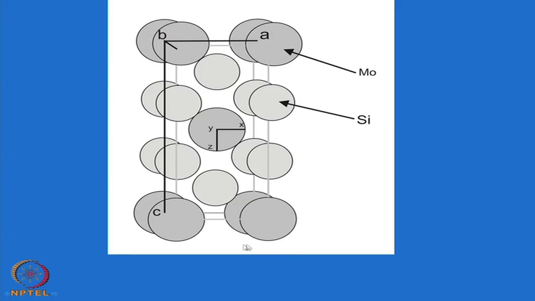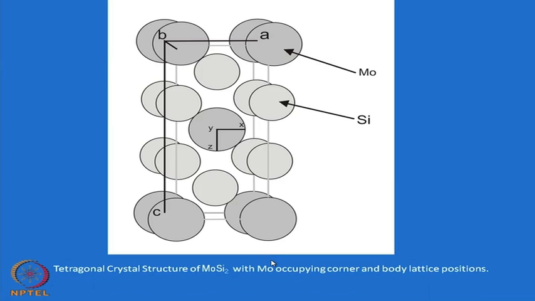So, that is the importance of molybdenum disilicide. It has very good high temperature mechanical property as well as electrical property, right. This has a tetragonal symmetry, with MoSi2 having molybdenum occupying the corner and the body lattice positions occupied by the silicon.